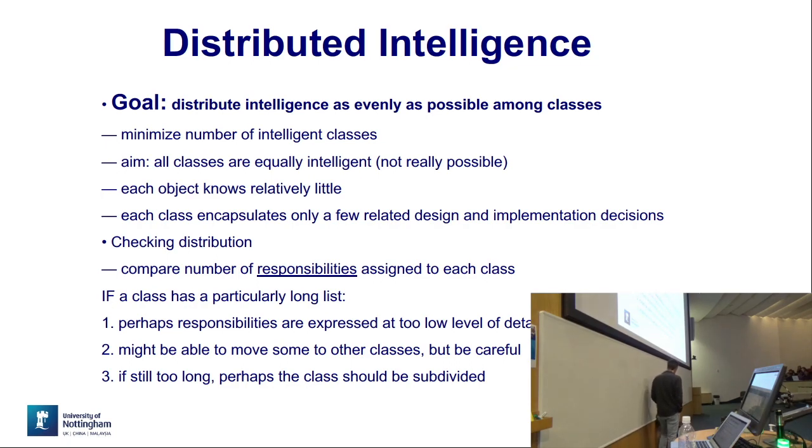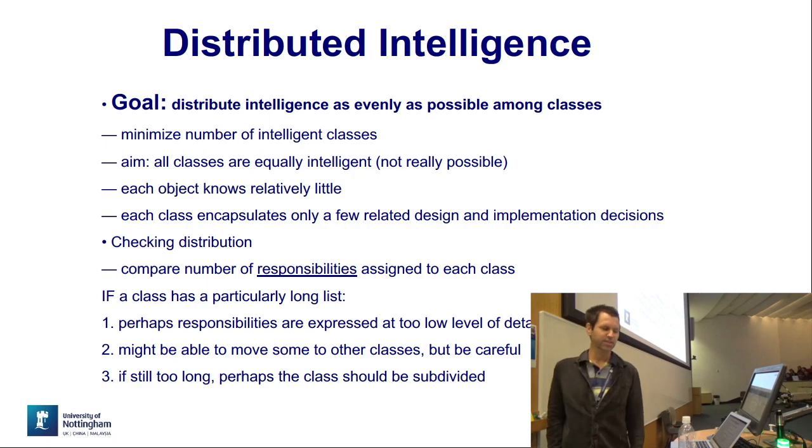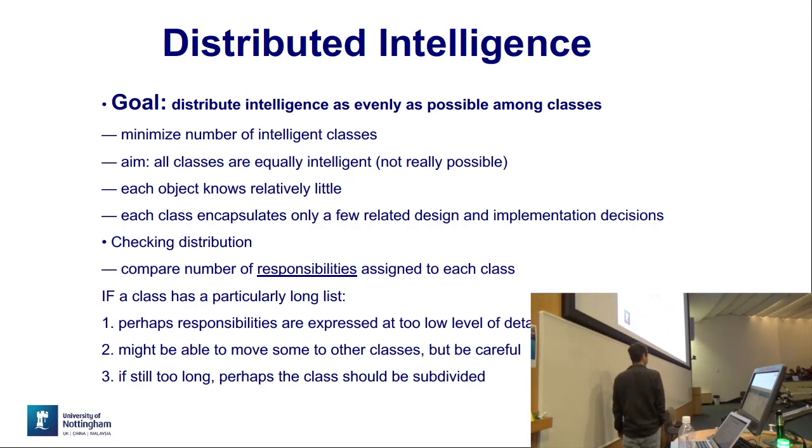Like in the player example, I can't really imagine player being a super intelligent class. But one way to think about that could be, if I have a player class, how can I distribute the intelligence a little bit more? Well, maybe I have different kinds of players. Maybe I have a beginner level player, advanced player, or a player that's a child in different age groups or something like that.